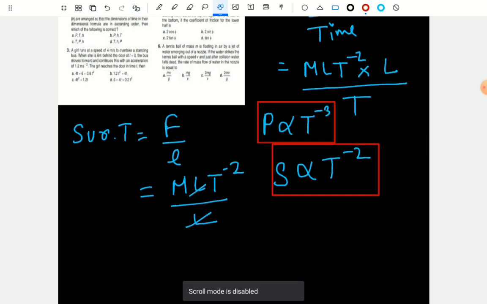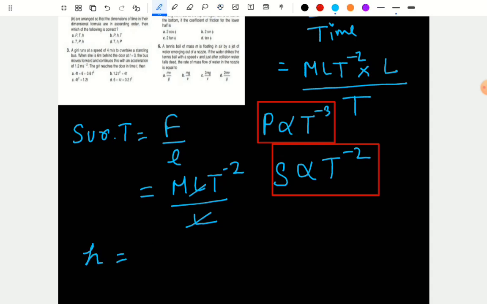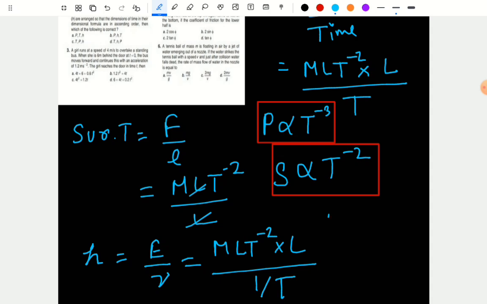So Planck's constant H is equal to energy upon nu, which is frequency. So it will be M L T minus 2 into L by 1 upon T. Therefore, H, Planck's constant, is directly proportional to T minus 1, I would say.